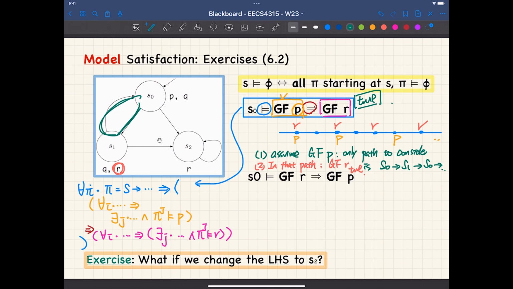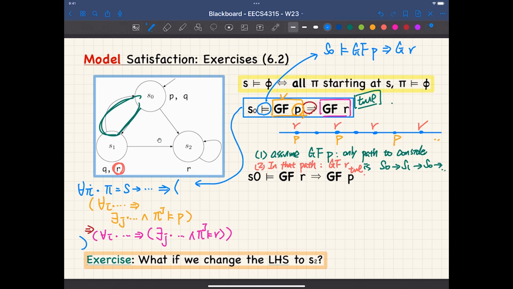So let's give you one more example. Hopefully I'm not making any mistake. What about S0, GFP, the same, but now I say GR. Is it true or false? Let's still do assuming the antecedents.